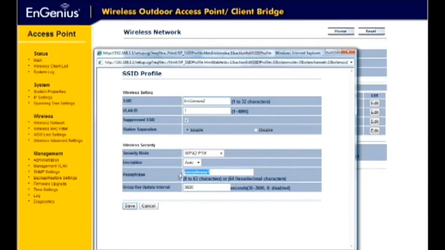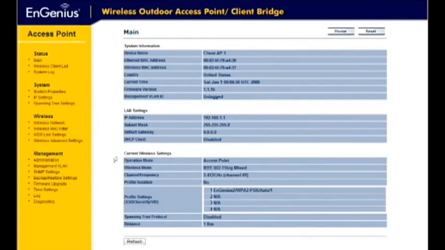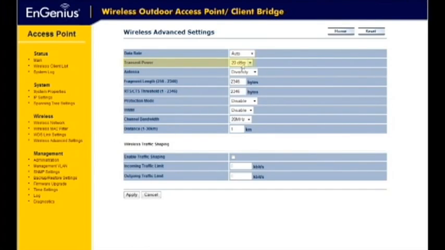Enter your desired password under the passphrase option. Click Apply to save your changes. If you want to increase or adjust your wireless coverage area, select Wireless Advanced Settings located in the Wireless section. Select the Transmit Power option, click Apply to save your changes.